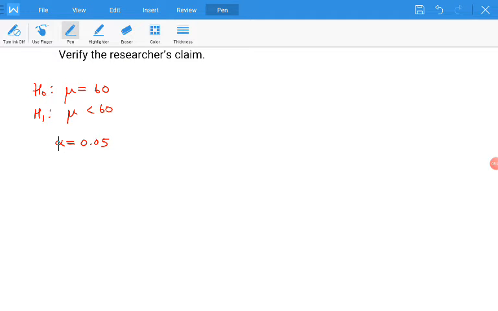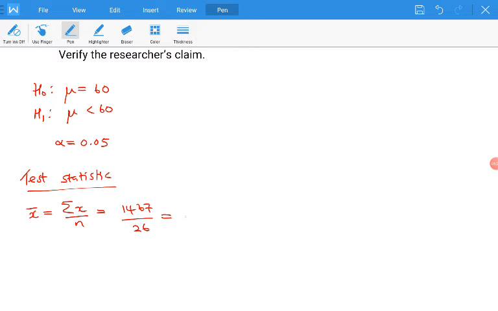So the next step, we now want to calculate the test statistic. But before we calculate the test statistic, we need to find the mean. So x bar is equal to summation x over n, which is equal to, if we add all these observations, 1,467 over 26 observations.